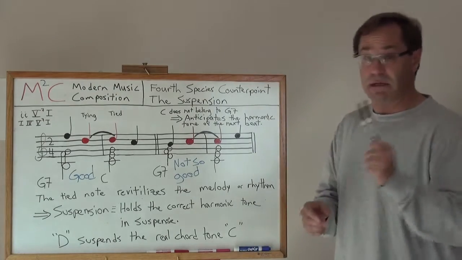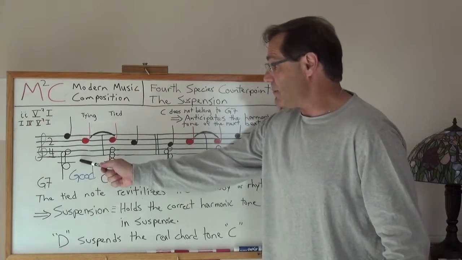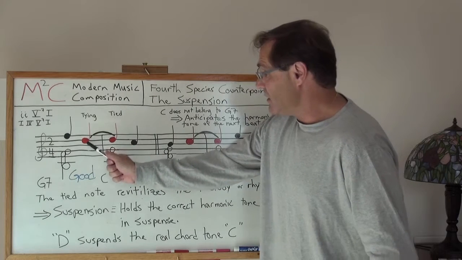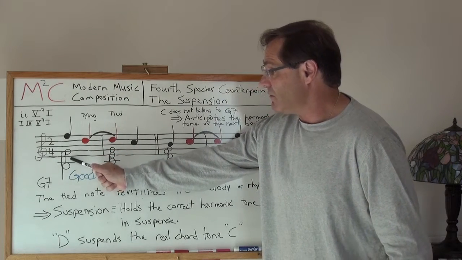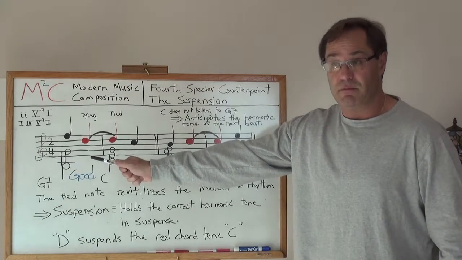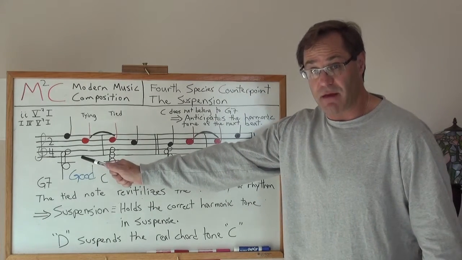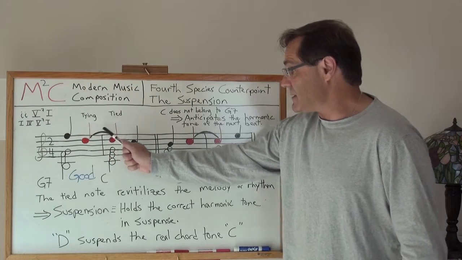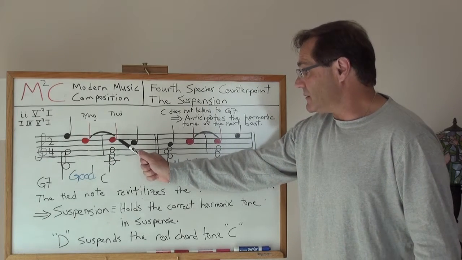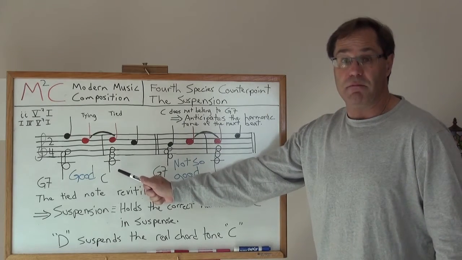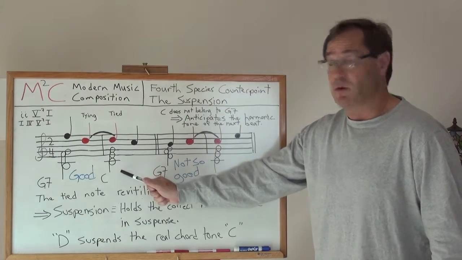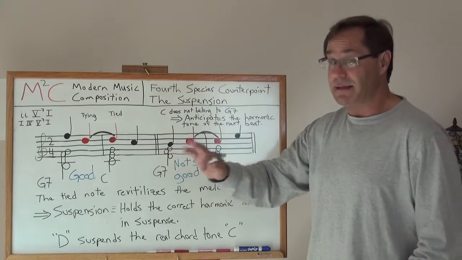When we talk about suspensions, we want to talk about this example right here, where essentially this note belongs to the cantus firmus part of that measure, and as it gets suspended over, it does not belong to the new cantus firmus, whether it be a single note or a chord, it doesn't matter.